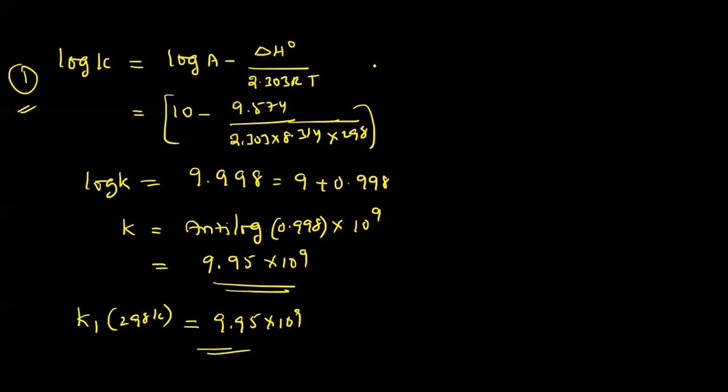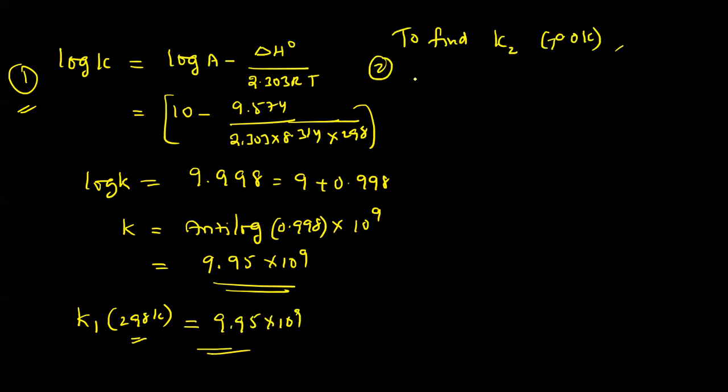Let us see the second condition. The temperature given is 700 Kelvin. So we have to find the equilibrium constant at 700 Kelvin by taking the equilibrium constant at 298 Kelvin. Assume K2 is at 700 Kelvin.